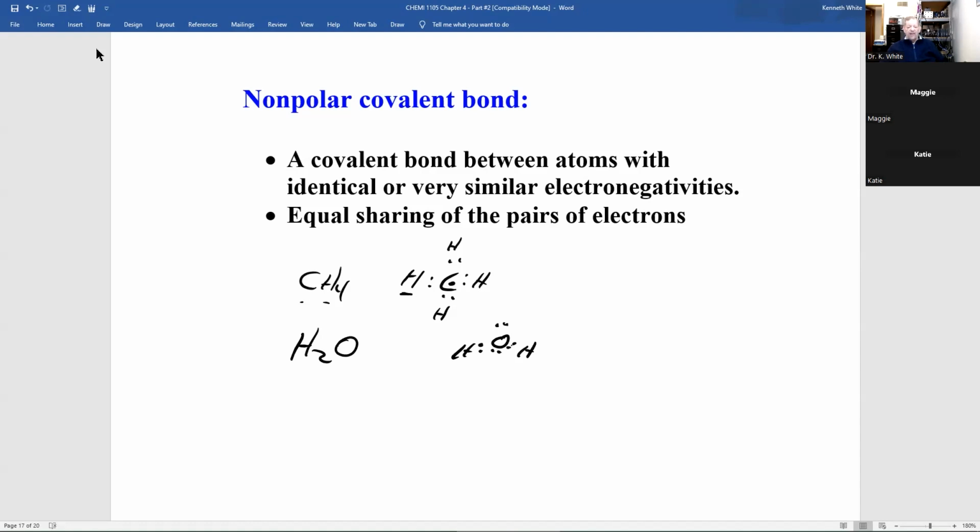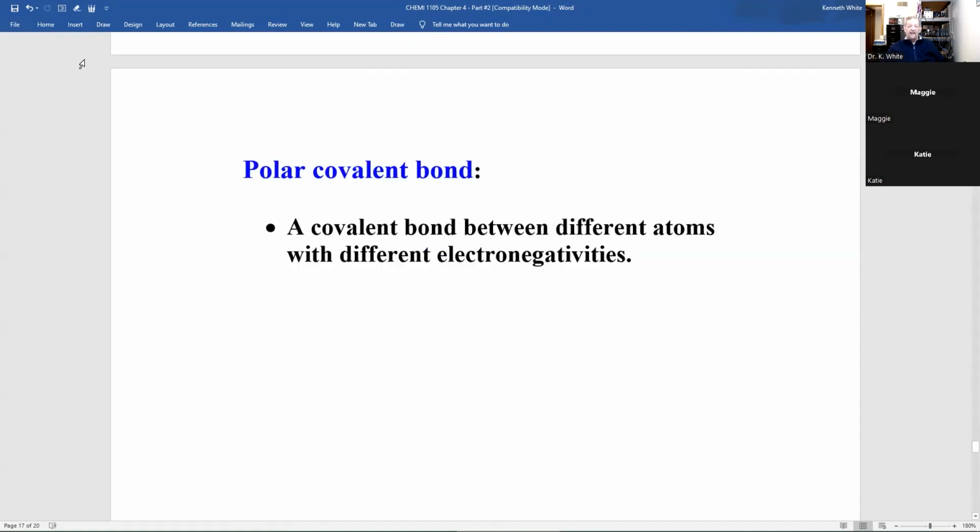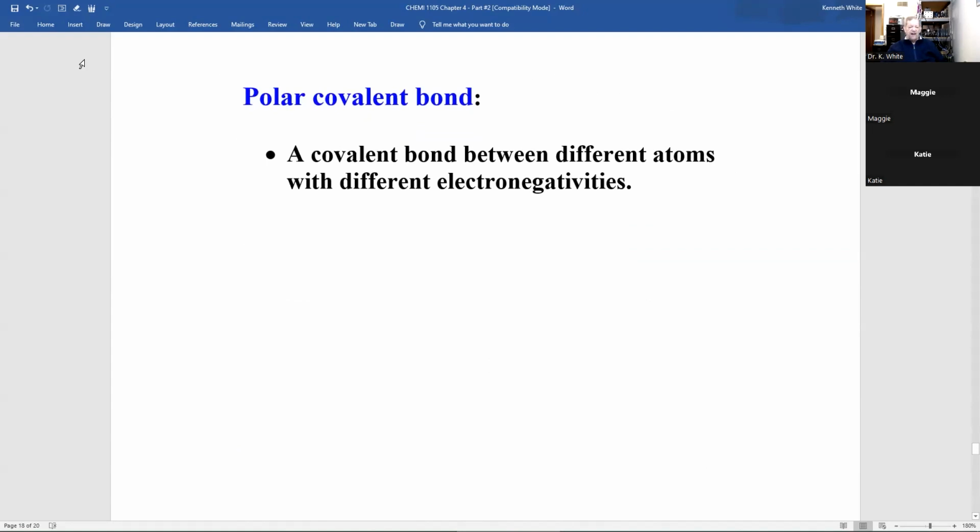Now here, hydrogen has a lower electronegativity than oxygen. Let me get to the next slide. And we're going to create a polar covalent bond. And that's a covalent bond between different atoms with different electronegativities.